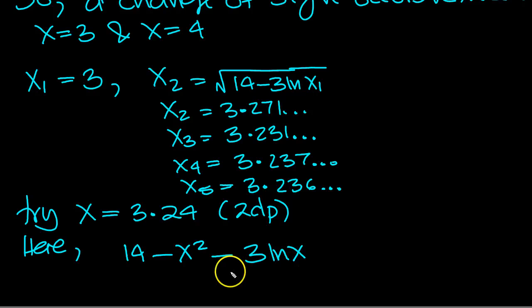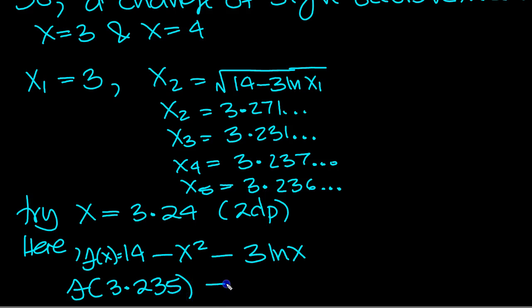Okay, so if we have f of x is equal to 14 minus x squared minus 3 ln x, then we want to look at f of 3.235 and we also want to look at f of 3.245, and see if the root lies between these two values then.